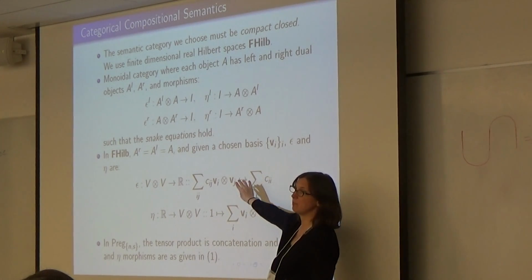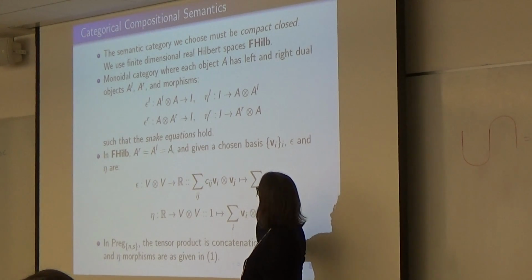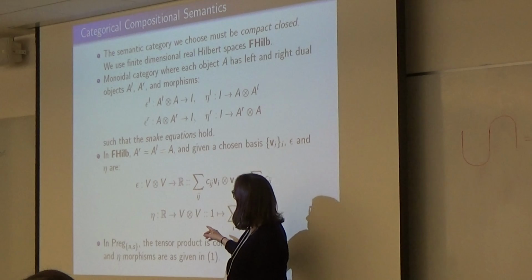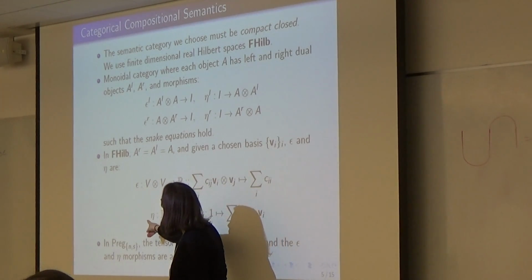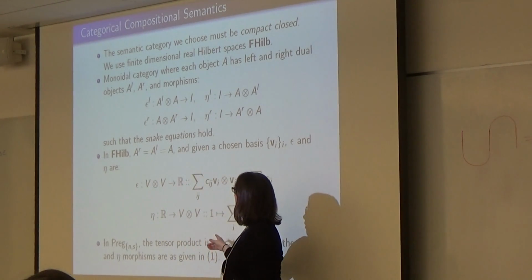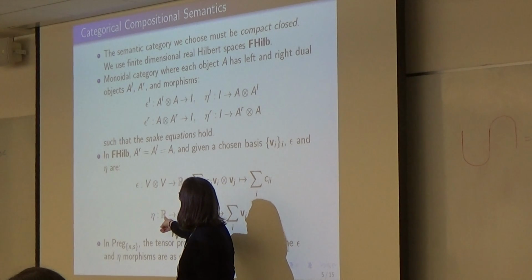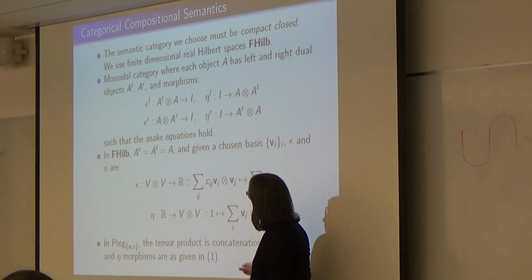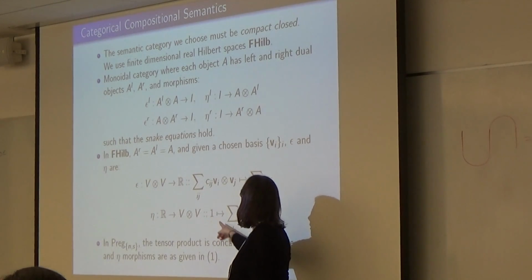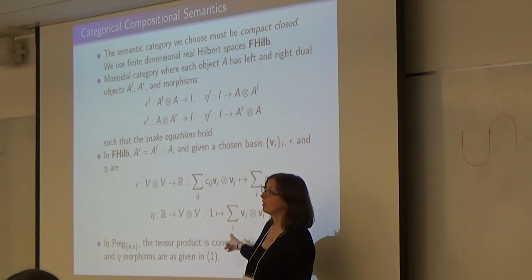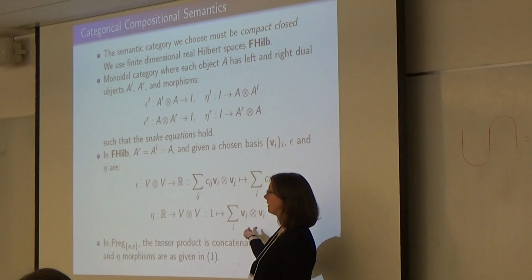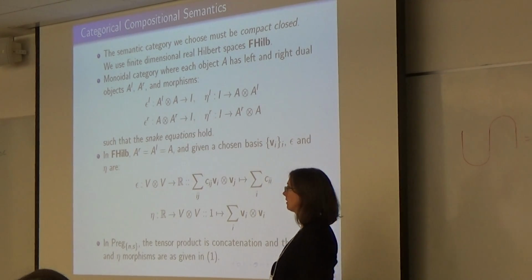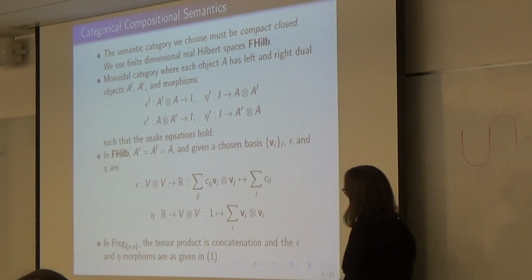So it's basically just mapping a matrix down to one real number. Similarly, the type introduction morphism eta maps the unit to a matrix by taking 1 to the diagonal matrix formed of the tensor product of the two matching basis vectors, essentially the identity.